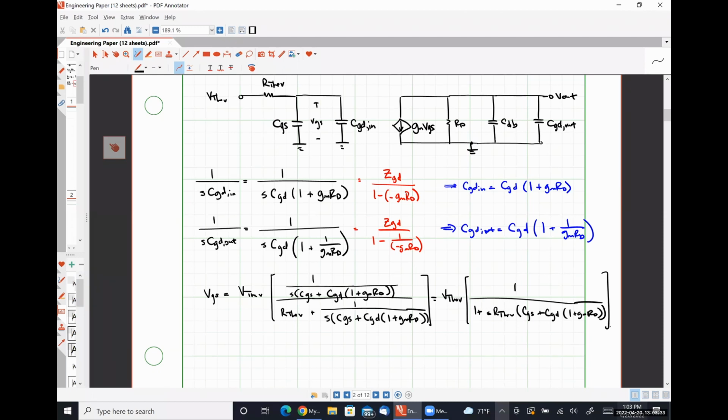So we have a transfer function between V7 and VGS where we can clearly identify one of our poles right out of the gate, which is much less horrifying looking than what we had last week.